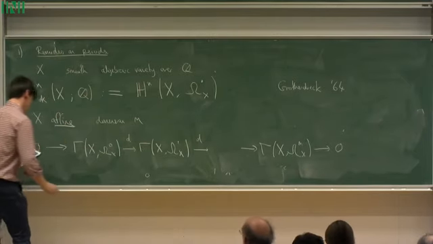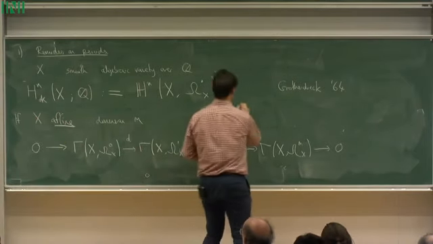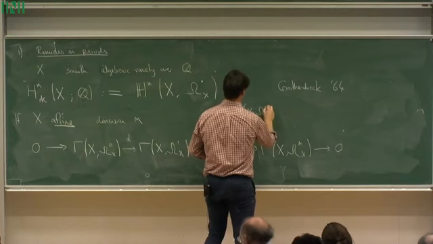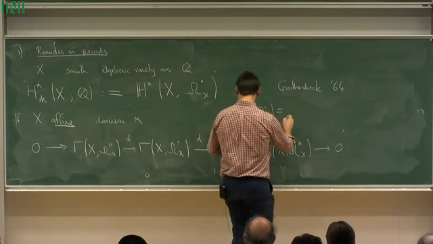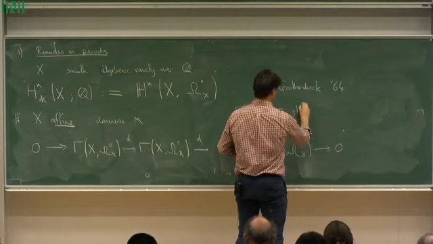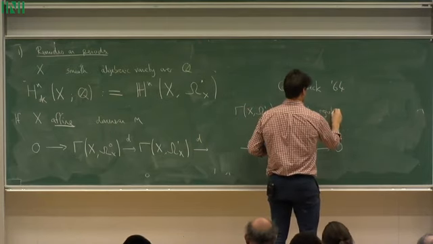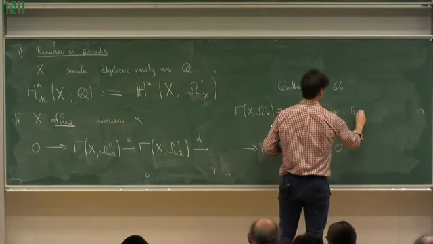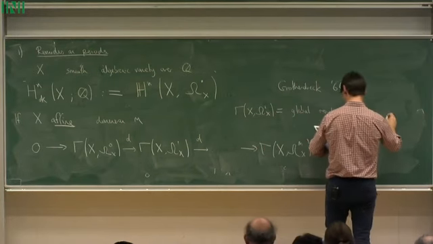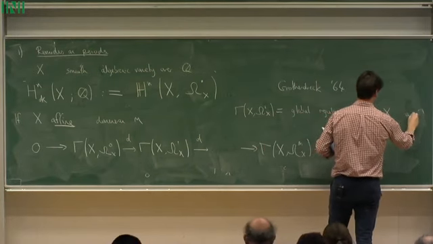So Γ(X, Ω^i) equals global regular i-forms on X over Q, of course.